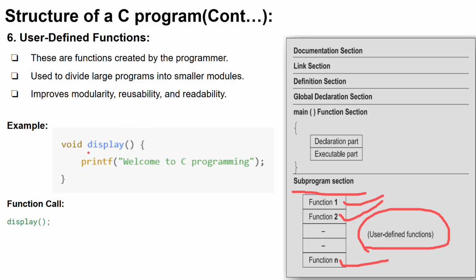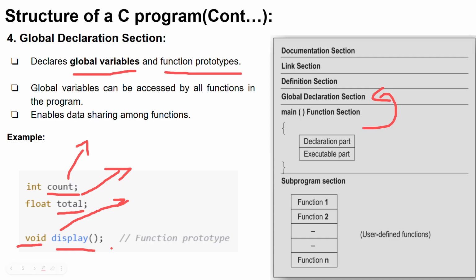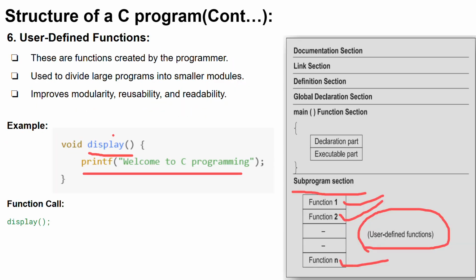You can see we'll be defining a display subprogram which prints welcome to the C programming. It was defined outside your main function, so we'll call it the subprogram section. If we clearly visualize this, void display is the function prototype we already defined before the main function, and after the main function we write our subprogram as void display, and it gives you welcome to C programming.